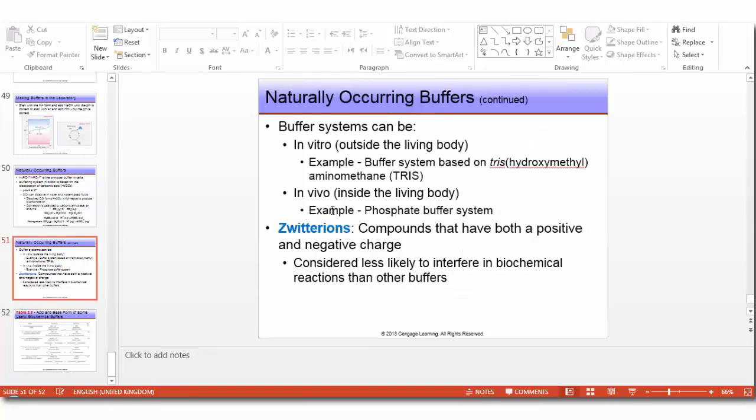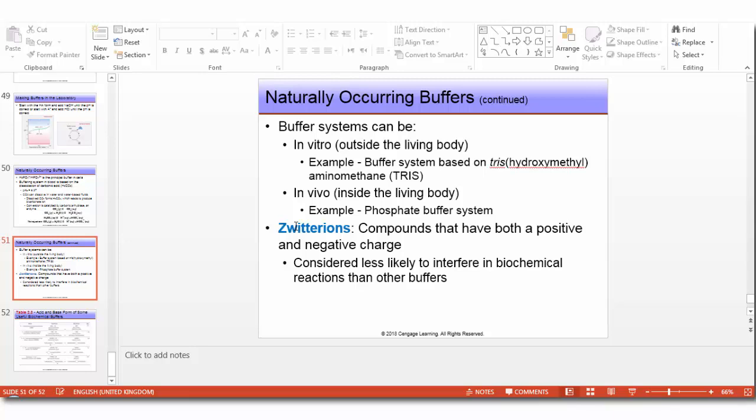And again, we have in vivo, inside our living body. We saw two examples: the phosphate buffer, which is found in cells, and the bicarbonate buffer, which is found in blood.